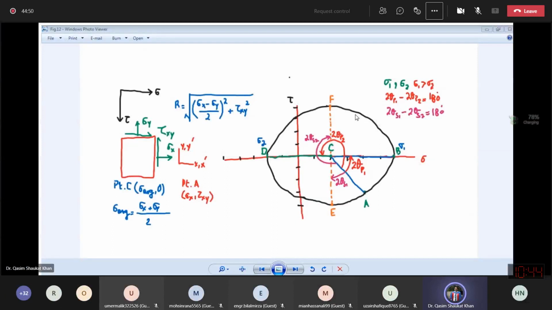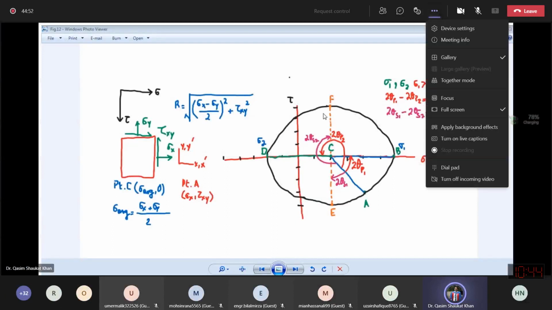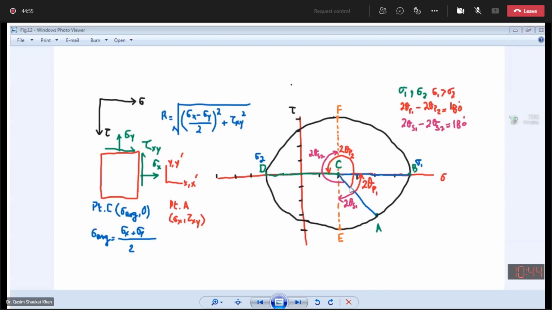So we have drawn the Mohr circle. Now next step, this is your reference point A. This is your reference plane CA. Now I want to know the orientation of the principal plane. We have earlier defined that principal planes are those planes over which principal stresses are maximum or minimum and shear stresses are zero.